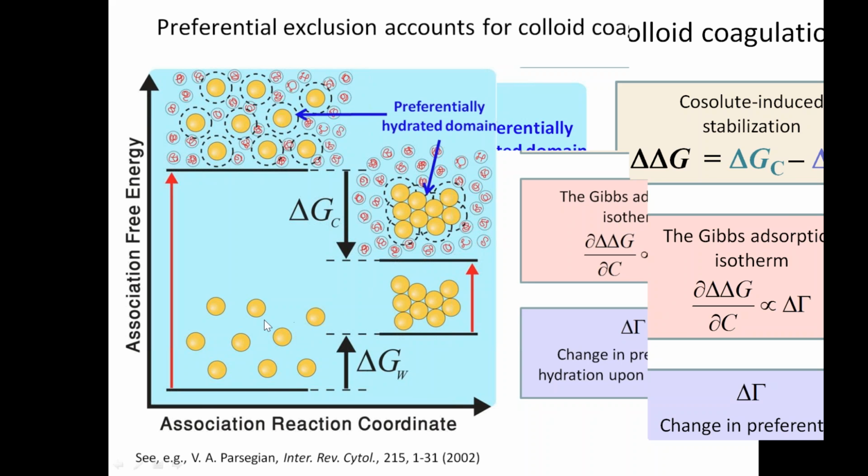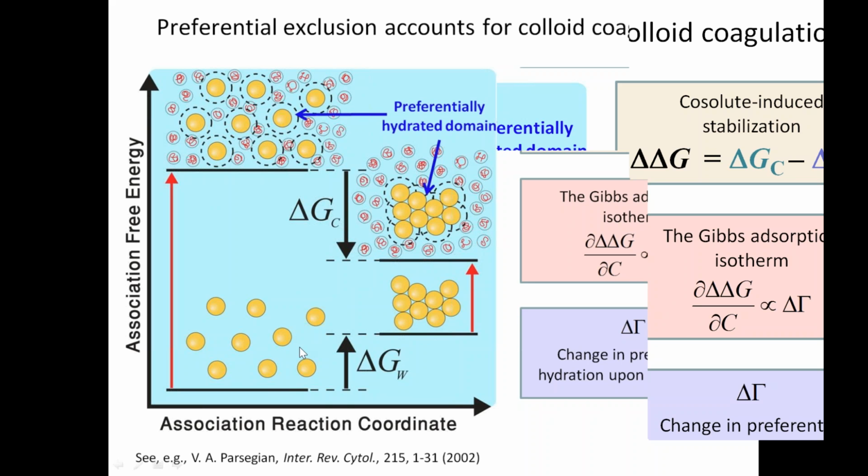It destabilizes the expanded state, the monomeric state of the dispersion, but it also destabilizes the aggregative state, the coagulated state. And in fact, it destabilizes the dispersed state to a larger extent, thereby making the free energy difference upon coagulation in the presence of cosolutes more negative.